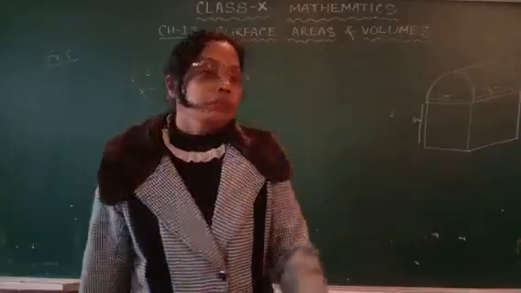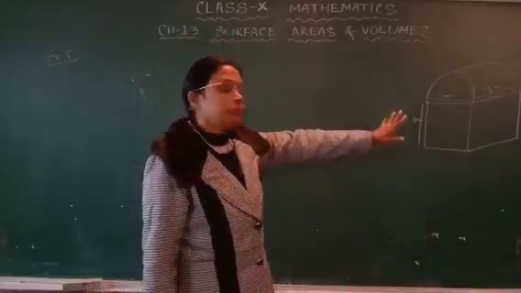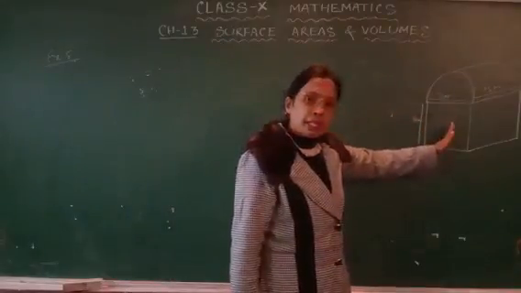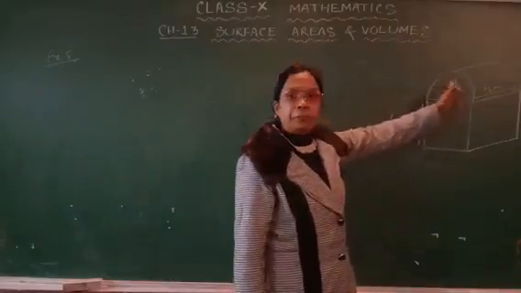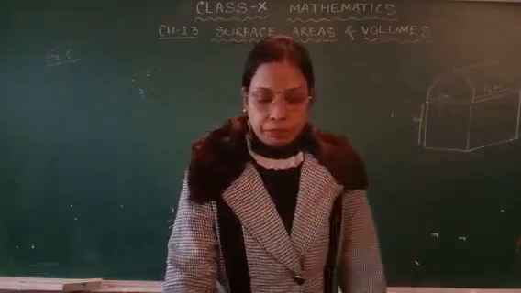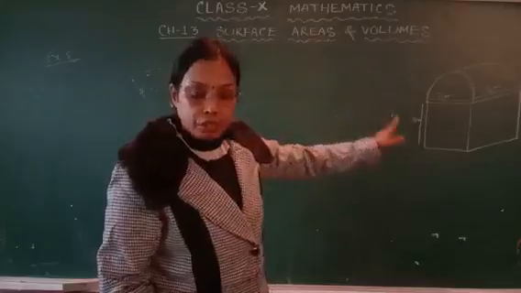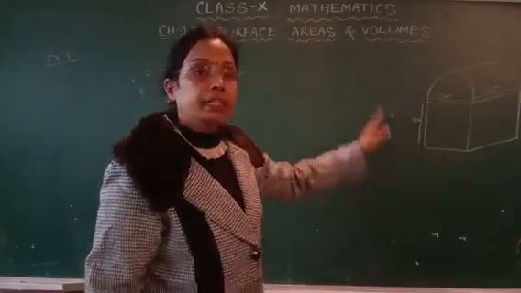So first you find what? The volume of this shed, that means the volume of the cuboid plus the volume of the half cylinder. So here you see the volume of air inside the shed.